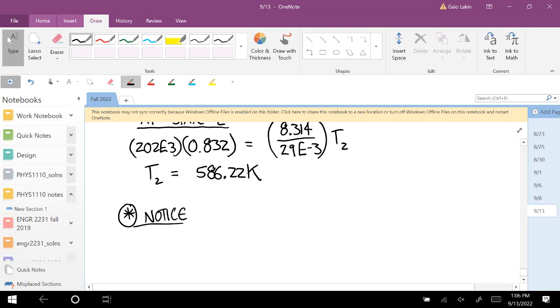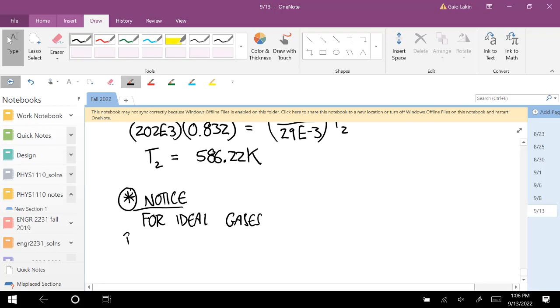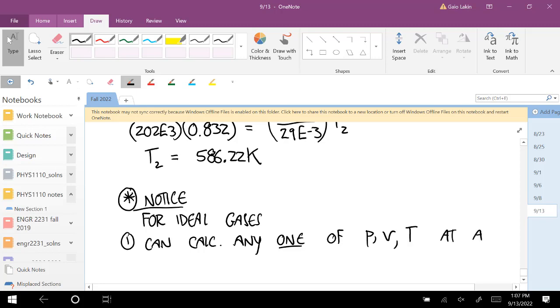So first, notice for ideal gases, notice that you can calculate any one of pressure, specific volume, or temperature at a state given the other two.